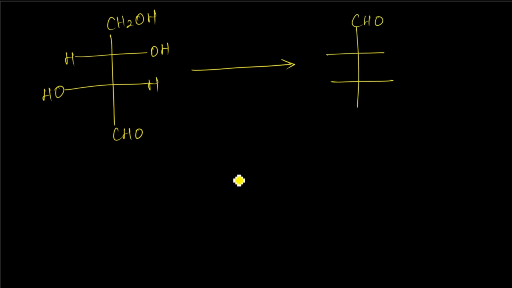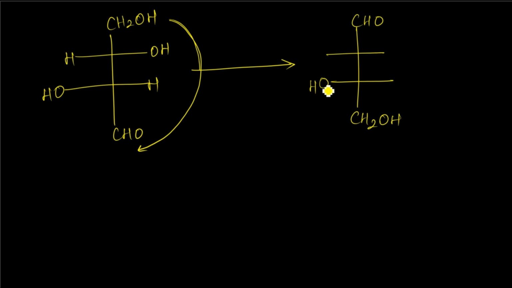top. Right. So if I am doing it like that, this CH2OH will come down, and then what will happen to this OH and H? This OH goes here, just through the rotation.